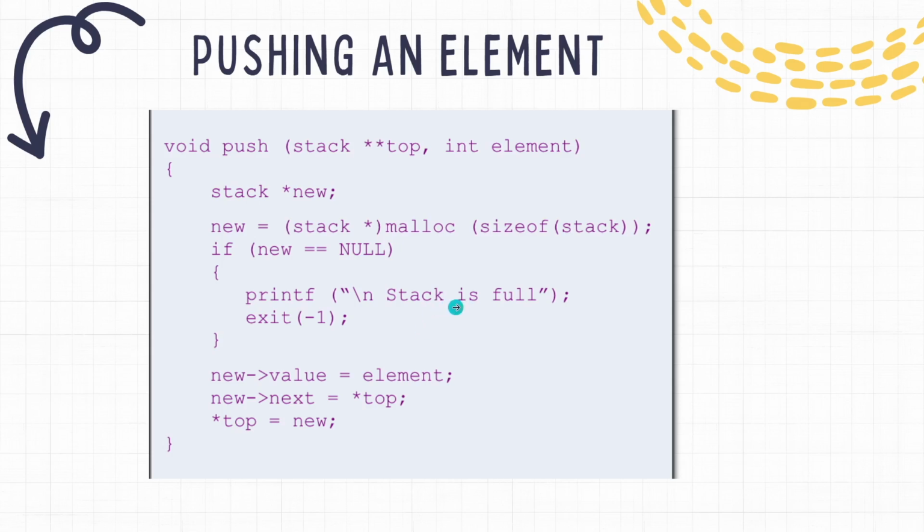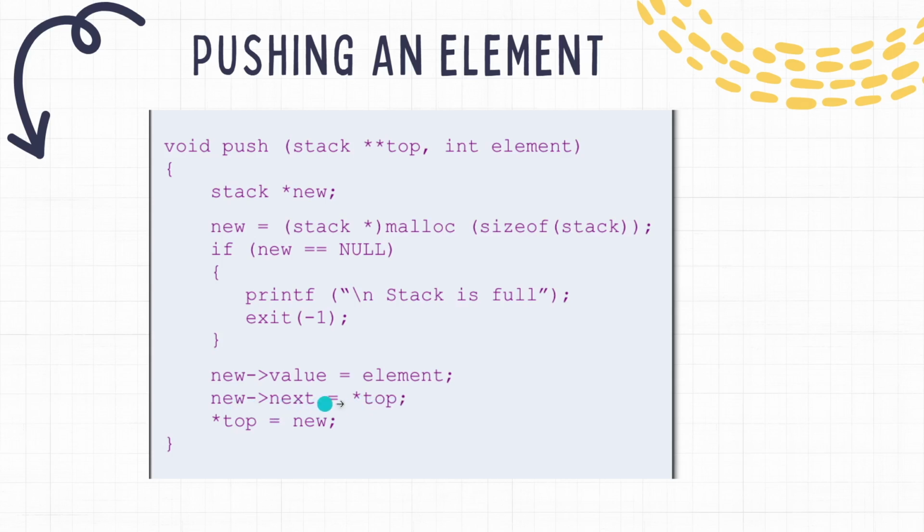Some message could be printed here. Otherwise, which means allocation is successful, I put the element to be added in place of new's value, and in new's next, the new node's address part, I just put the value contained in top.